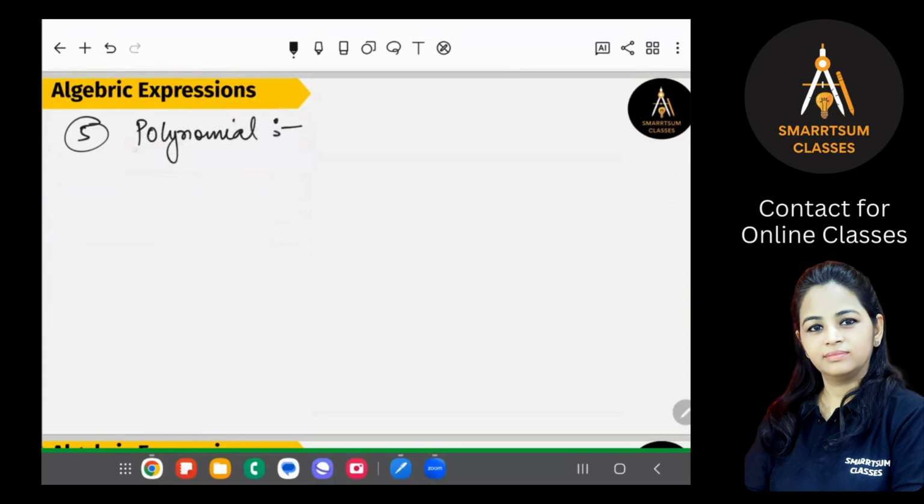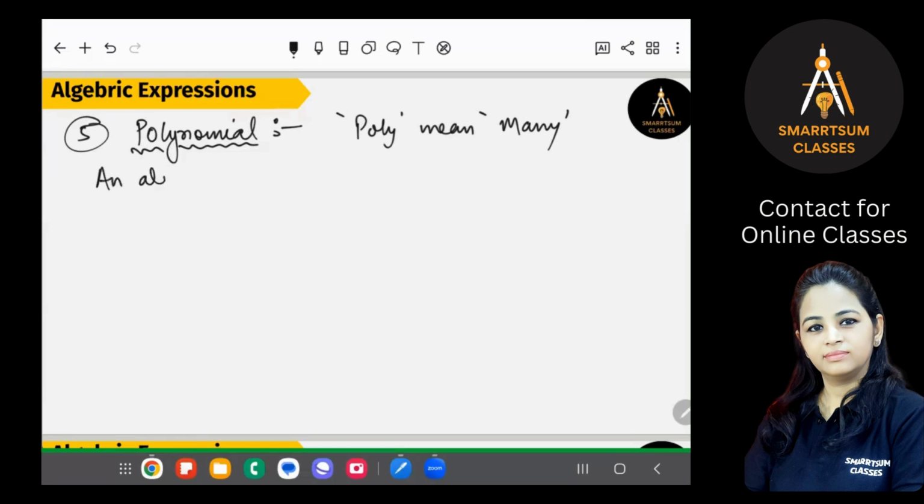Polynomial algebraic expression. Polynomial. Now, what is the meaning of the word poly? Poly means many. Here, polynomial is the algebraic expression which contains two or more than two terms, right?